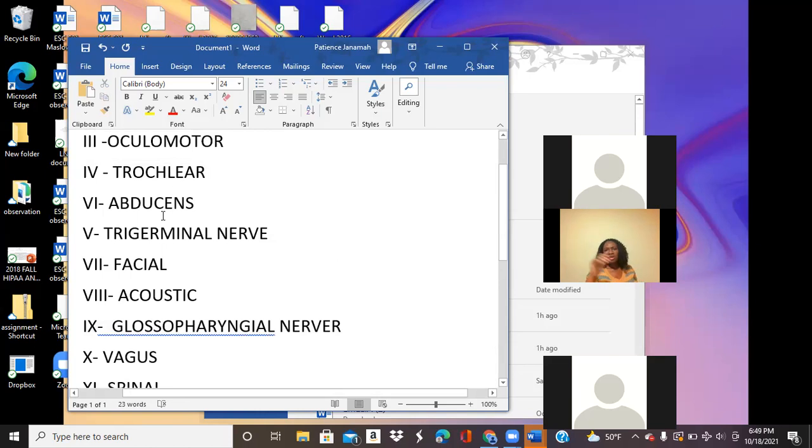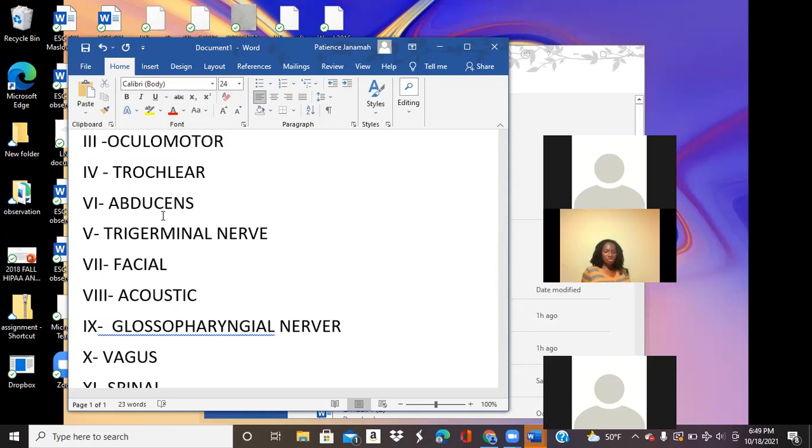So just understand them based on their location. You know that the one that controls your back muscles and your neck muscles, the muscles in your back that keep you erect and keep your posture right is your spinal accessory nerve.